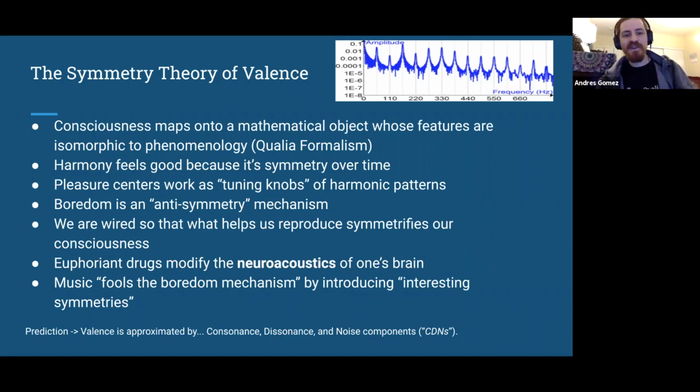We will go over pleasure centers. The way we explain pleasure centers in this theory is that they are tuning knobs, or bridges, that when activated enable global large-scale synchrony in the brain. And this is ultimately very testable, because if you activate the pleasure centers while inhibiting whole-brain harmony, we predict that will negate the positive valence effects of the pleasure centers.